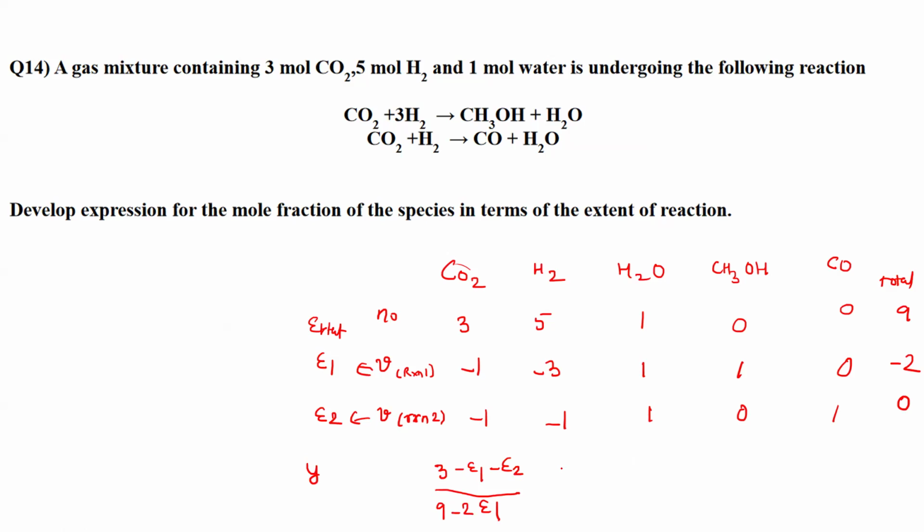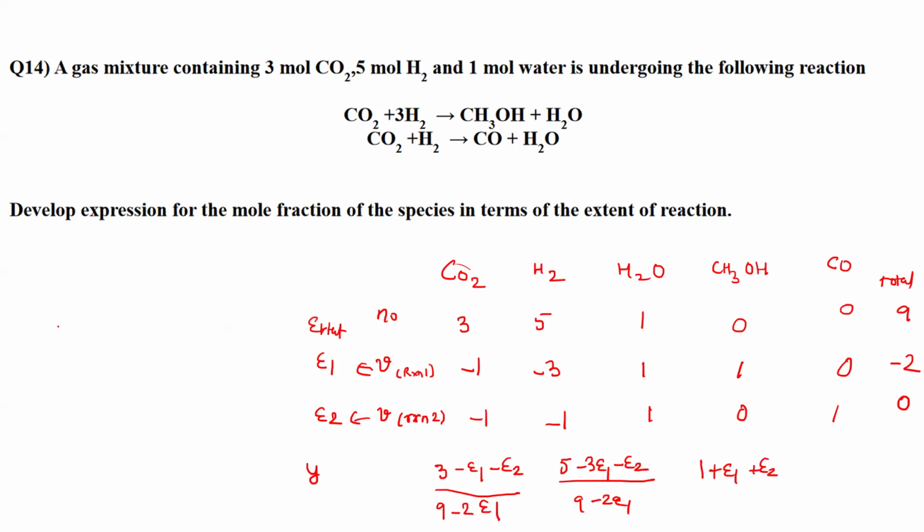Okay, for H2, 5 minus 3 epsilon 1 minus epsilon 2 by 9 minus 2 epsilon 1. For H2O, 1 plus epsilon 1 plus epsilon 2 by 9 minus 2 epsilon 1. This is for the H2O.